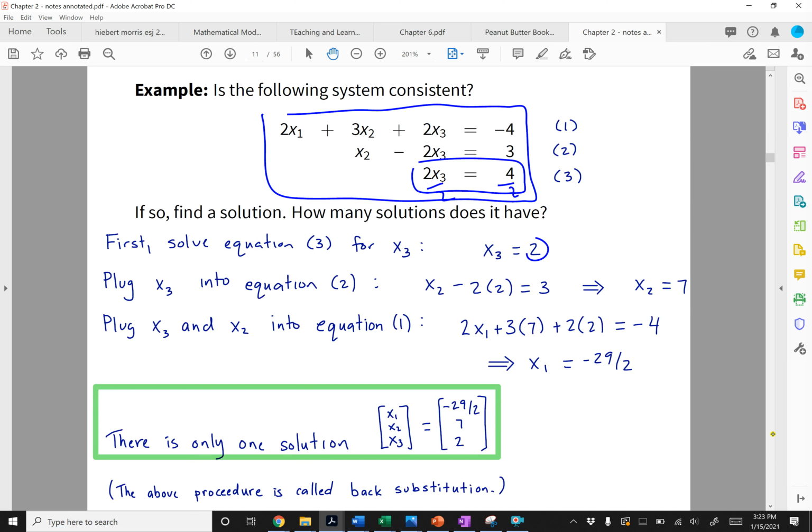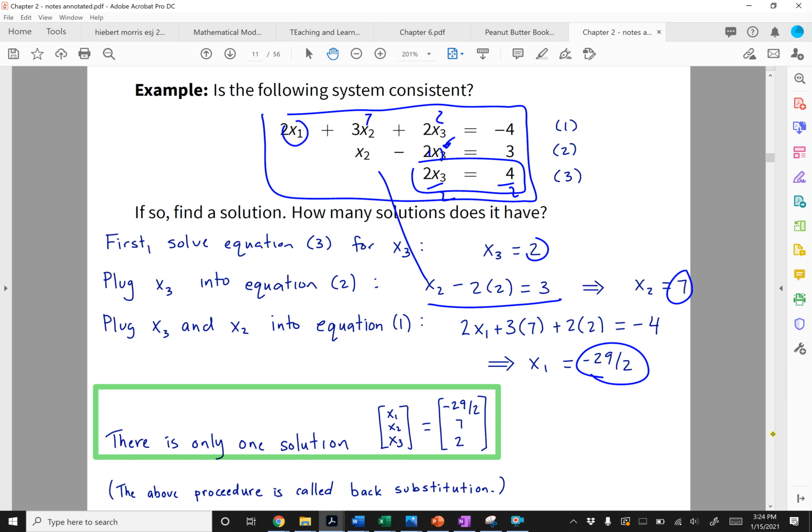And now I know x3, I can plug 2 in for x3 here, and that's what this equation is here. So x2 minus 2 times the 2 equals 3. You can solve for x2, you get 7. And now we know what x3 and x2 are. You can plug them back into here. So this is 7, this is 2. Then you can solve for x1, and you get negative 29 divided by 2.